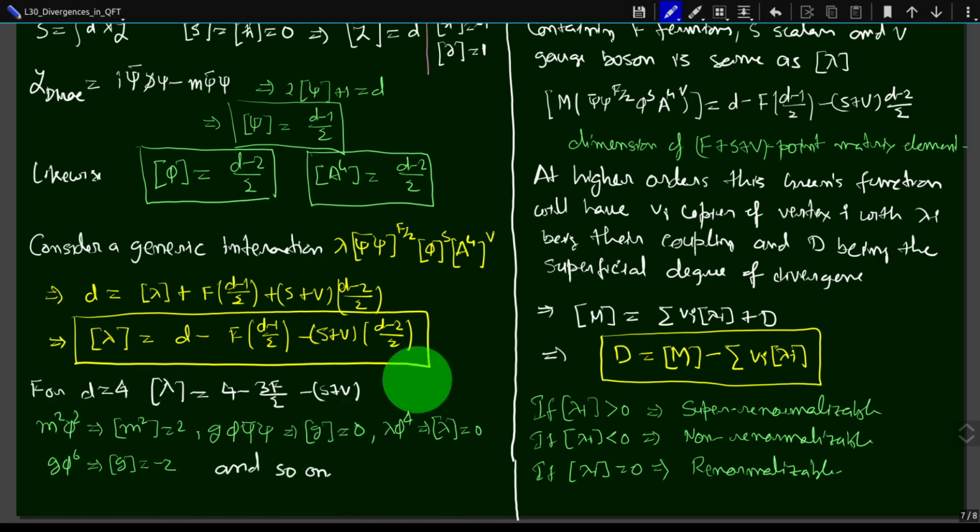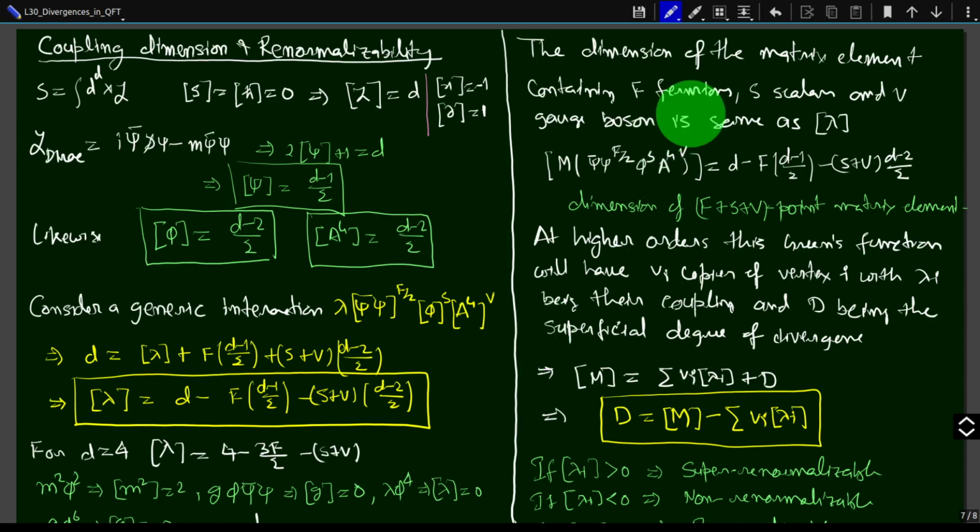So that is one thing. Next we ask, what is the dimension of the matrix element that contains f fermions, s scalars, and v gauge bosons? This turns out to be exactly the same as this lambda. The argument is as follows: whether or not this term actually exists in a Lagrangian, one way to write a Green's function which involves these fields is to assume that there exists a term like this, and then your Feynman rules will say the matrix element is nothing but i times lambda.